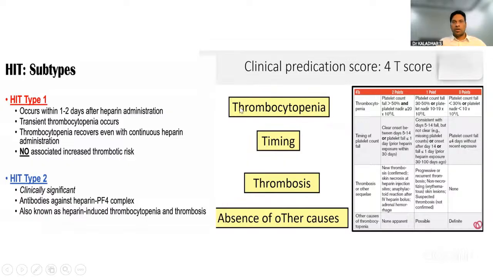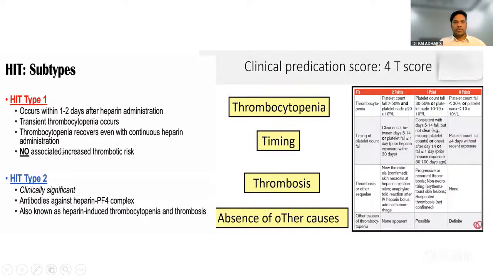As everybody knows, we look at the thrombocytopenia onset, timing, and platelet count, then whether there is any associated thrombosis, and other causes of apparent thrombocytopenia have to be ruled out. ECMO, of course, is a complex interplay where even the shear stress of the extracorporeal circuit leads to the platelet count going down, but still we have to think of the possibility of HIT because it is a devastating complication.